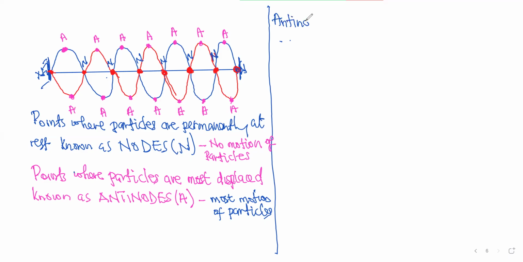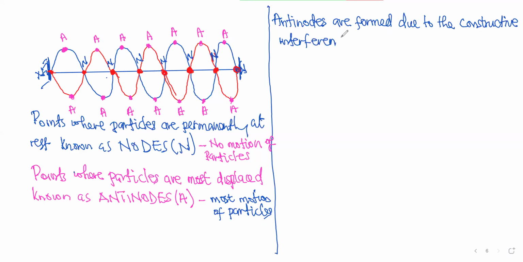Antinodes are formed due to the constructive interference of the two waves.